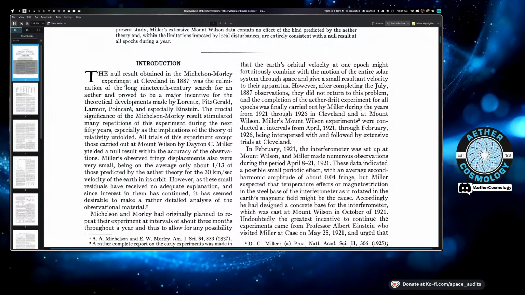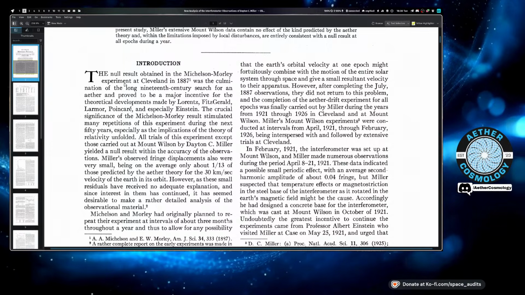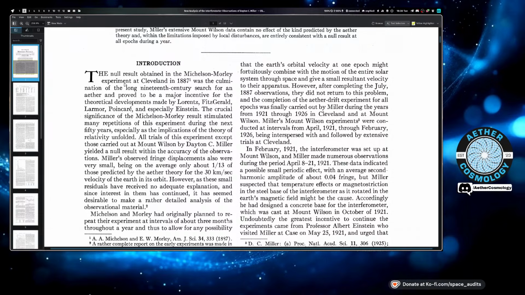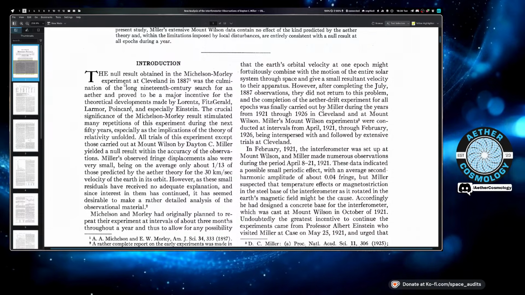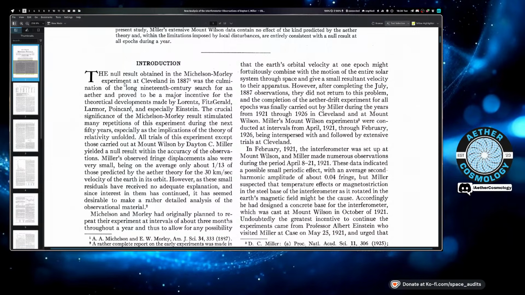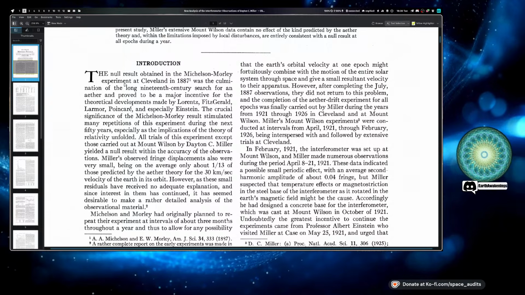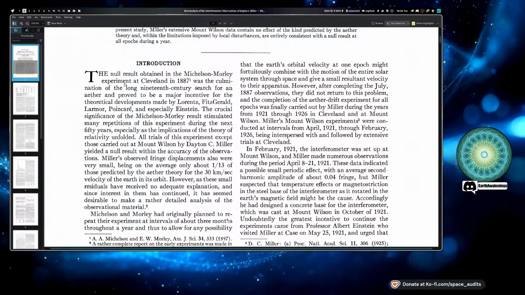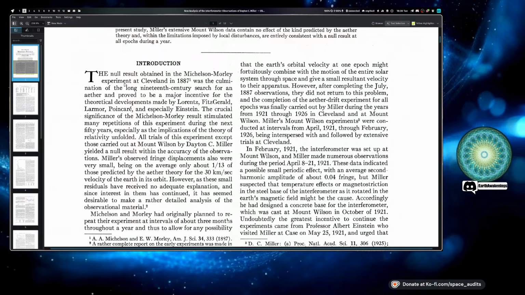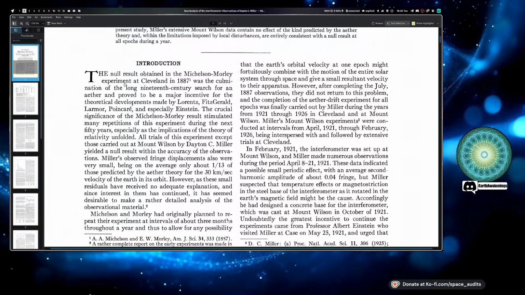The crucial significance of the Michelson-Morley result stimulated many repetitions of the experiment during the next 50 years, especially as the implications of the theory of relativity unfolded. All the trials of the experiment, except those carried out at Mount Wilson by Dayton C. Miller, yielded a null result within the accuracy of the observation. Miller's observed fringe displacements were also very small, being on average only 1/13th of those predicted by the ether theory of 30 kilometers a second.